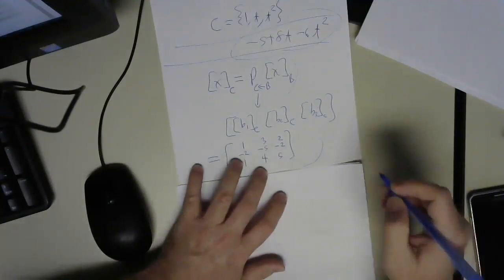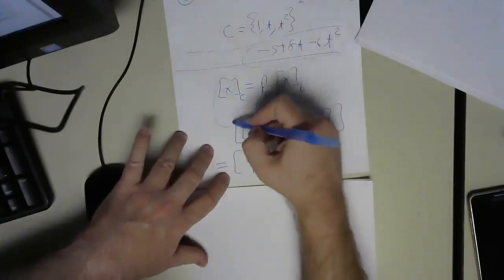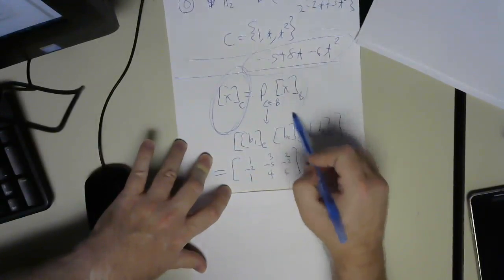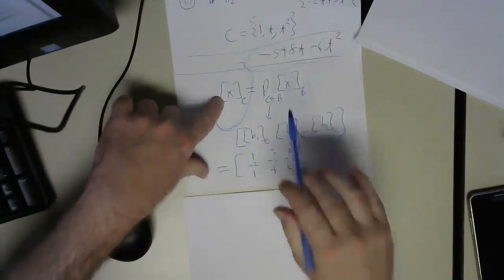Actually, my mistake. They've actually given us this thing. Okay, because it looks like they've given us the vector with respect to basis C, and we've got to convert it into this thing. So I did a problem like this before, where they actually give you this instead of this.